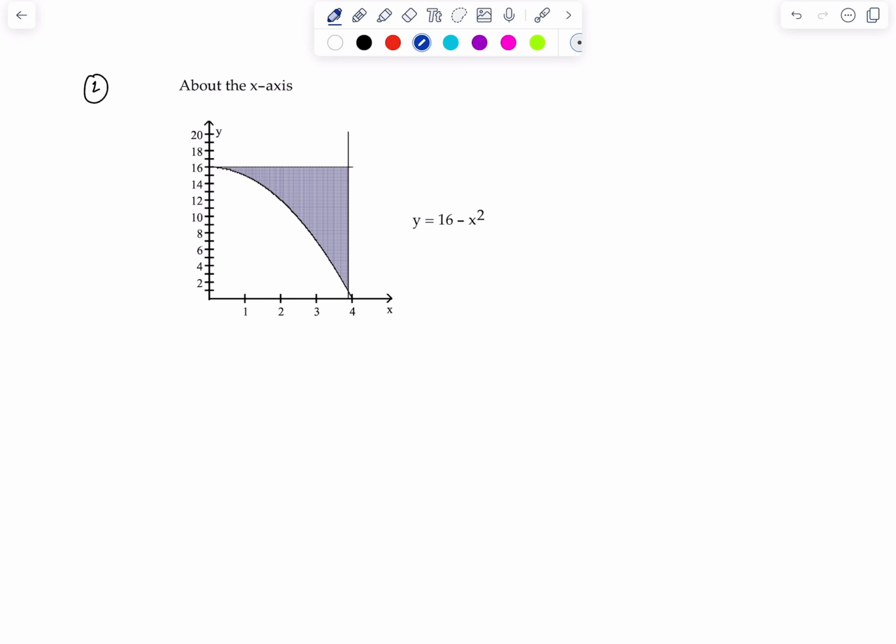Okay. Here's another region, and we're spinning it about the x-axis again. Notice this is going to look a little different. Okay, so start off, revolve the region about the x-axis by initially just reflecting what you see here over the x-axis. So just kind of copy.